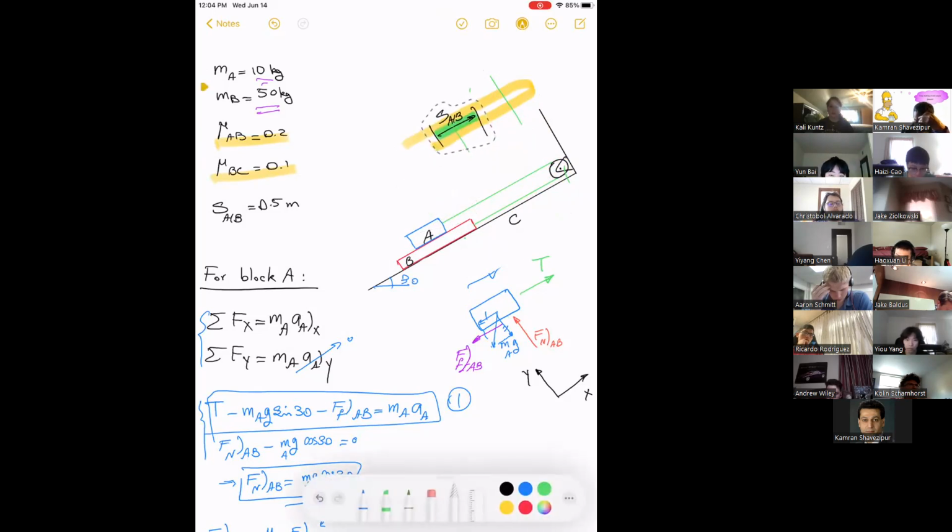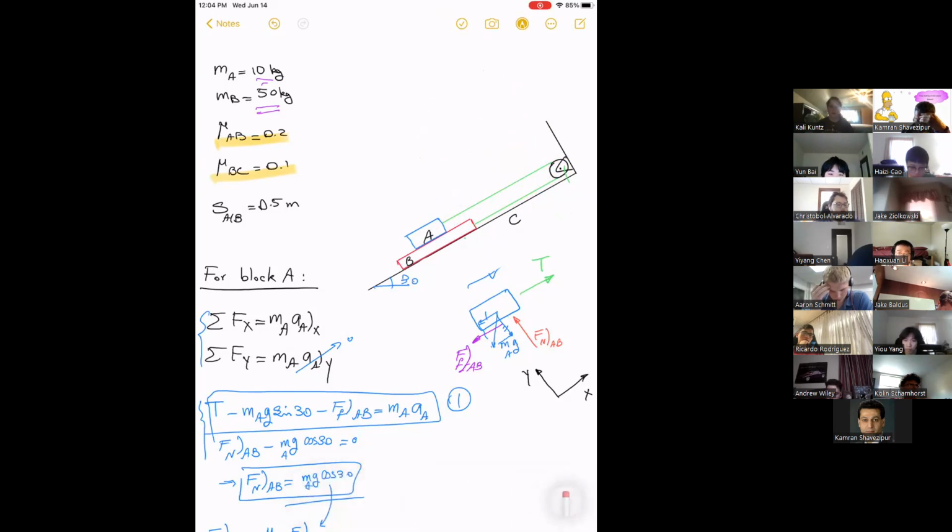So to analyze this, first, we needed to get a free body diagram for each of them. For the free body diagram, we had interactions on this surface and interactions on this surface. And of course, we had two free body diagrams, one for A, one for B, right? That was the first step.